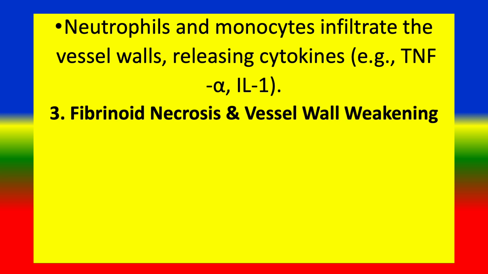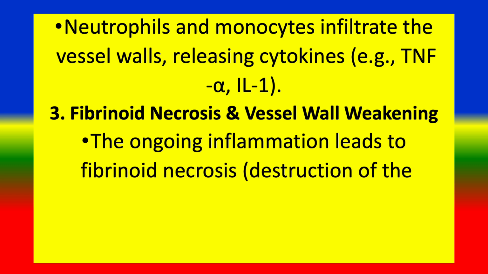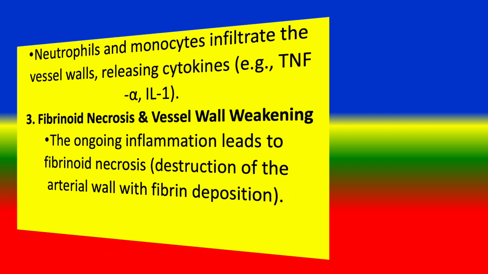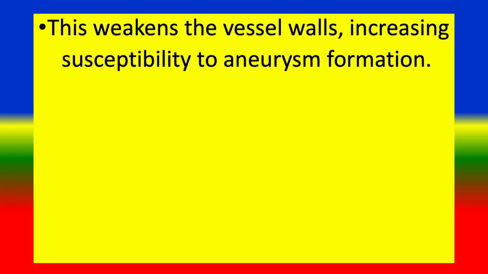Fibrinoid necrosis, vessel wall weakening. The ongoing inflammation leads to fibrinoid necrosis, destruction of the arterial wall with fibrin deposition. This weakens the vessel walls, increasing susceptibility to aneurysm formation.